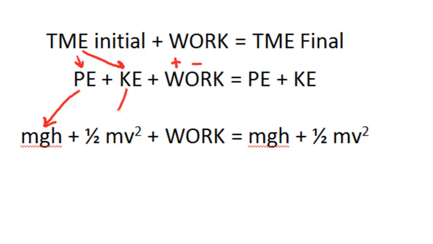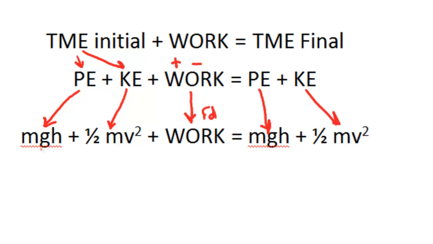We'll be referring to the kinetic energy by using the formula 1/2 mv squared, and we'll be calculating work using our work formula, which is force times distance. Today I'm probably just going to give you a quantity of joules for work, so force times distance might not be needed. And likewise on the reverse side, we're just going to calculate potential energy with mgh and kinetic energy with 1/2 mv squared.